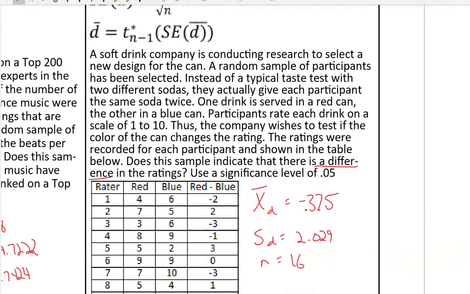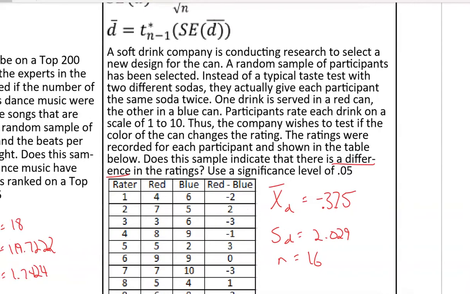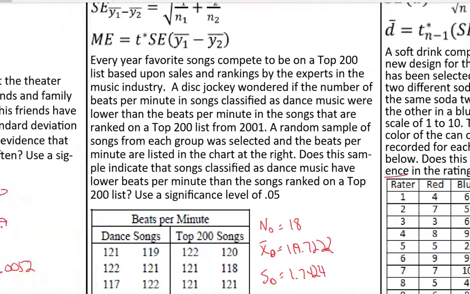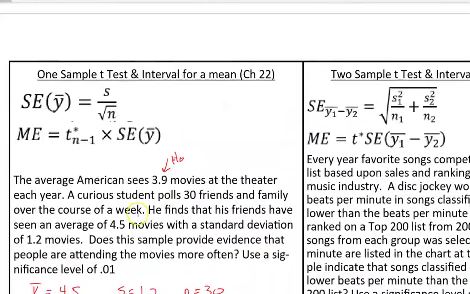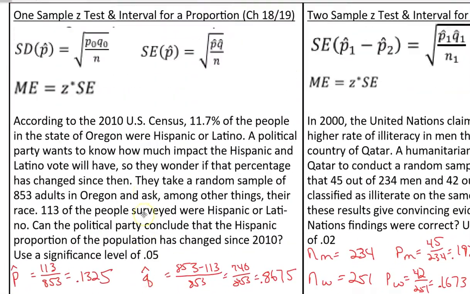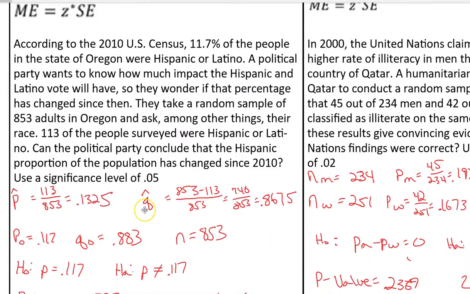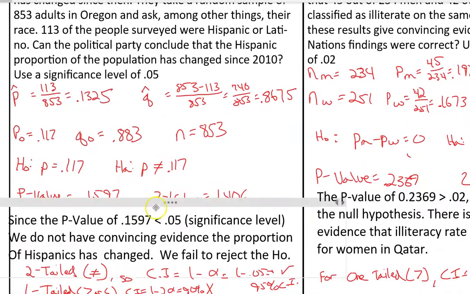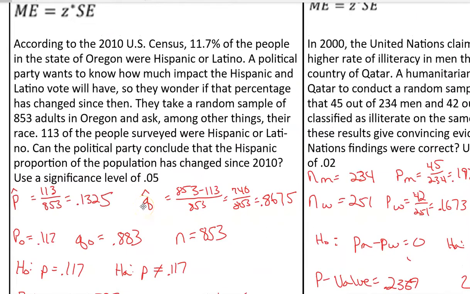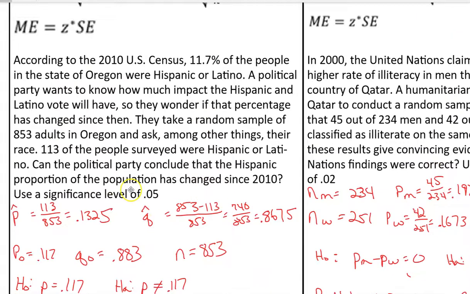Now let's look at some other ones here. Let's look at the polling data, this first one right here, the one sample z-test. So they were theorizing that the Hispanic population has changed. Now, say we found evidence the Hispanic population did change.